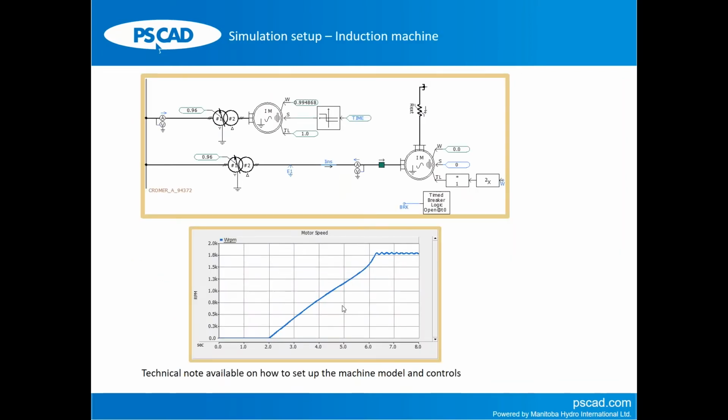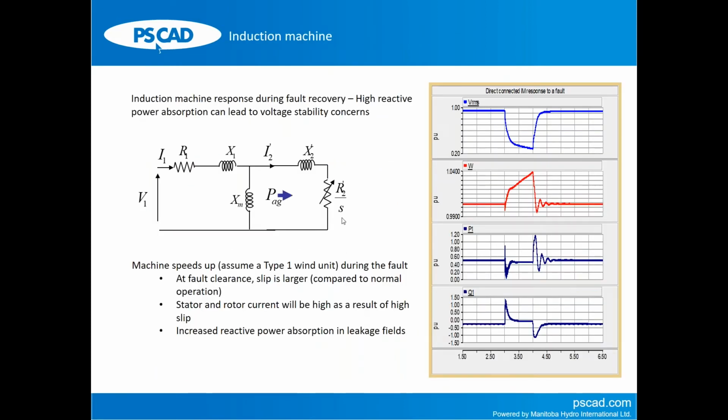Now, another common application of induction motors is to study motor starting, right? When the motors start, what happens? During the starting period, the speed is not close to 1 per unit at all, you start from 0 speed. So the slip is extremely high, right?